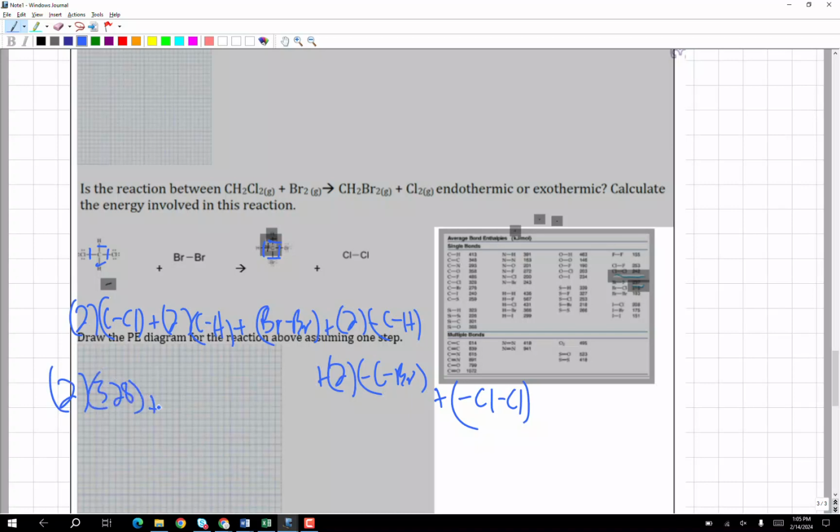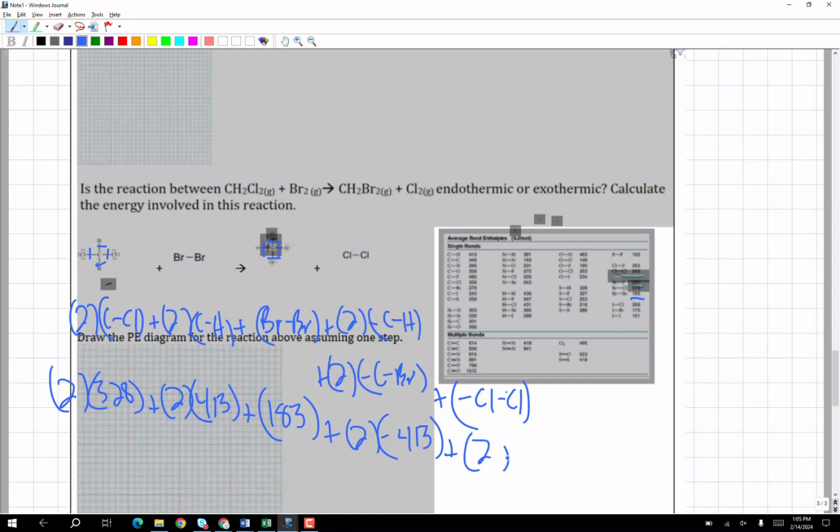328 plus 2 times C to H, 2 times 413, plus Br to Br. There it is. I wish I could see that better. I'm going to call that 183. Whatever it is for real, that's the number you should use. Plus 2 times negative C to H, negative 413.